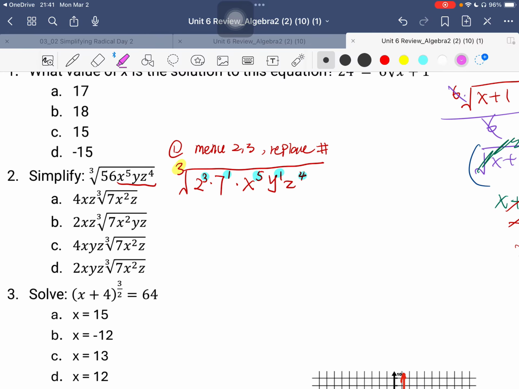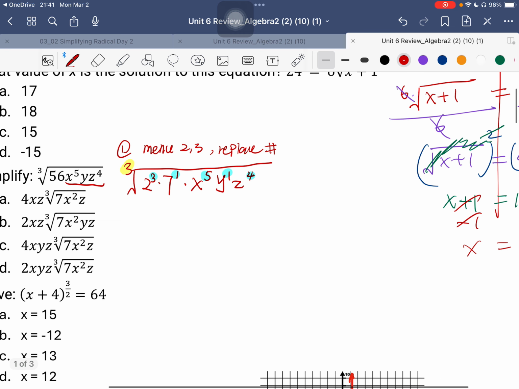I'm going to highlight the terms that have a power greater than or equal to the index. So it's basically inside greater than or equal to outside.